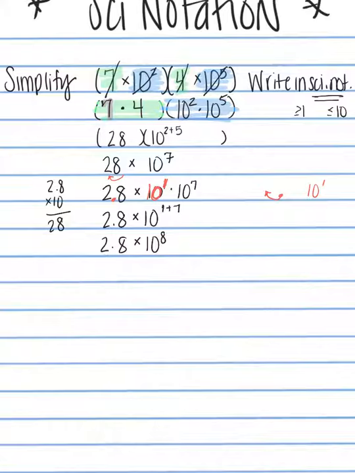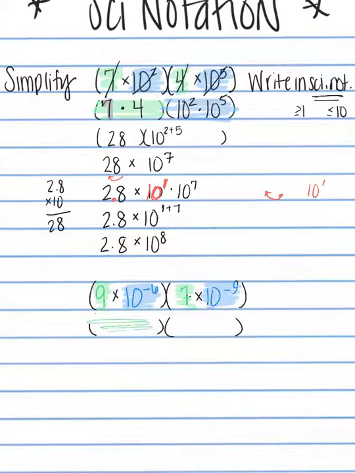Now, conversely, let's look at a different situation. Again, I want to pull out my numbers that aren't my base, and I want to identify the numbers that are my base that I can add the powers, and I want to rearrange as my first step. So when I'm solving this, you're always going to rearrange first. And we're going to put our constants out here, and we're going to put our bases in here.